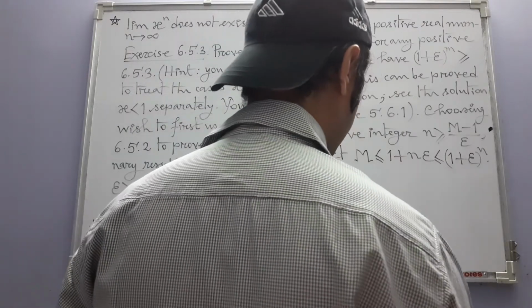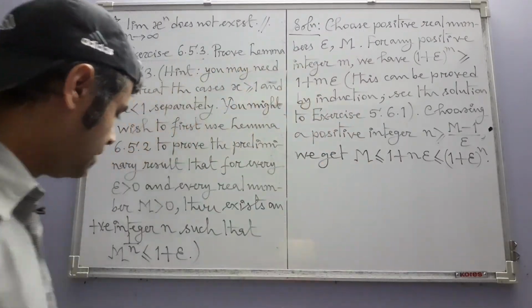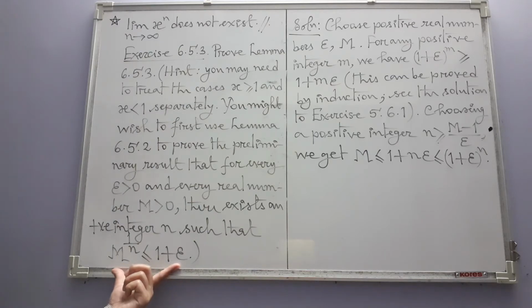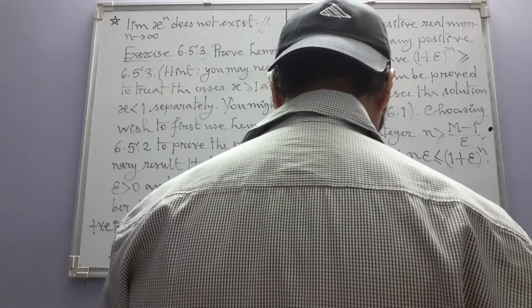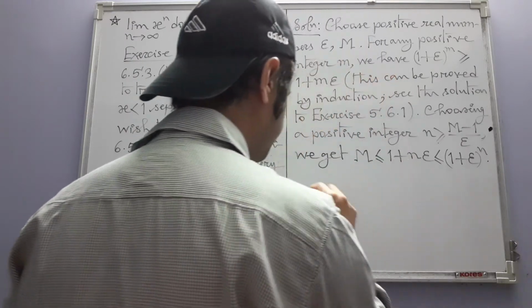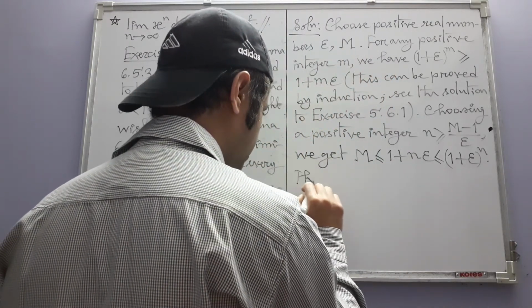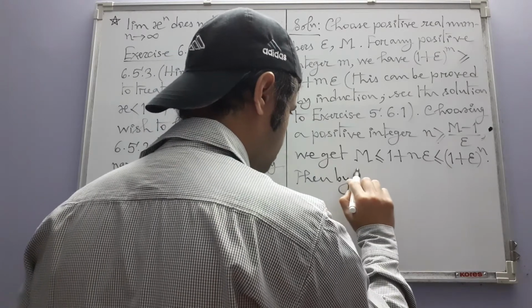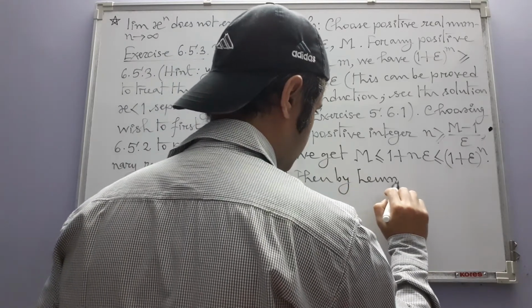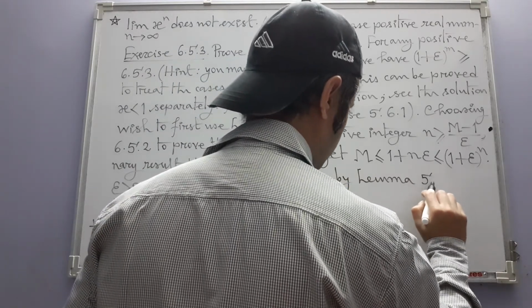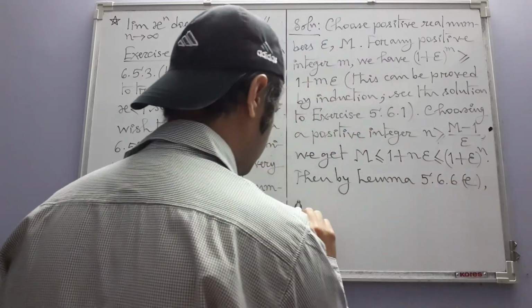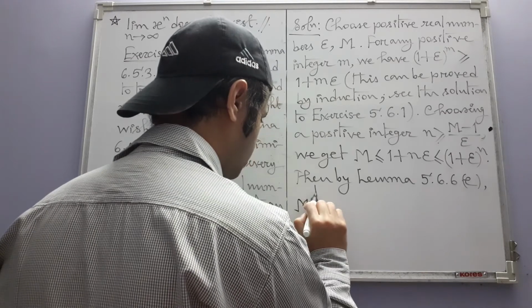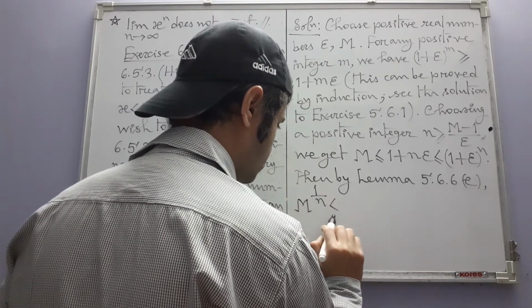It implies that the nth root of it implies this. Then more specifically, then by lemma 566e, we have this.